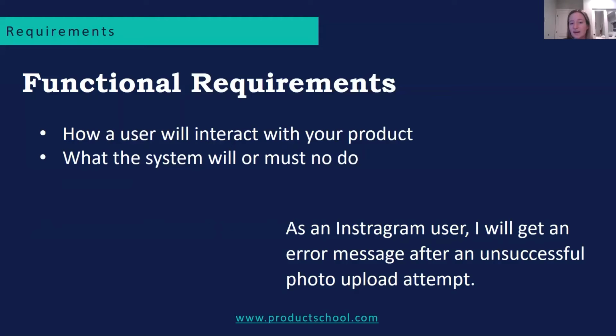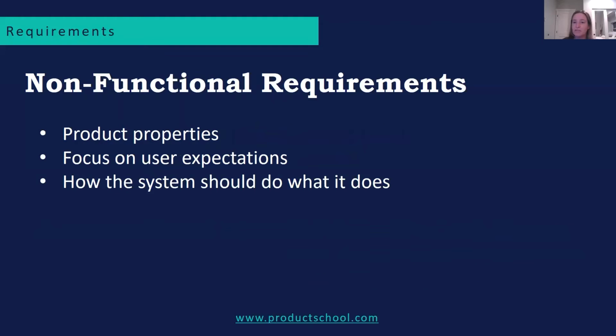So here I'm saying, I'm the user, I'm in the app, I've tried to upload the photo, and I'm going to get a response message back if it was unsuccessful. But there's going to be some non-functional requirements driving that, right? We get an error message, great, but how quickly do we time out?